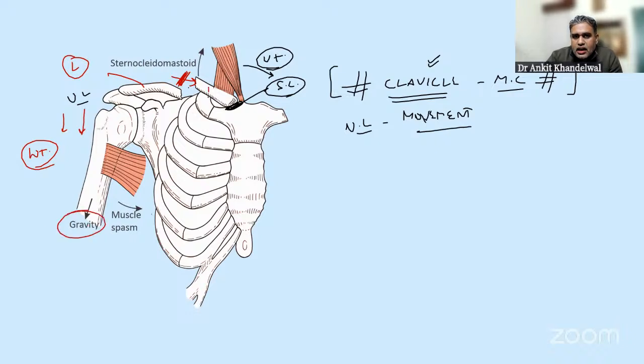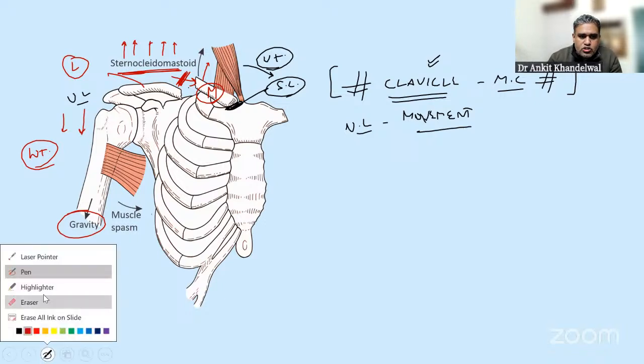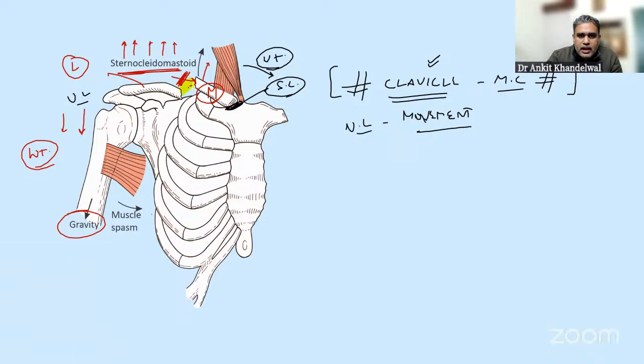Well, the medial part of the broken clavicle is raised above. Why? Because this muscle over here, sternocleidomastoid, which comes from the mastoid process, will go into spasm and pull it up. So there is more gap in between. If I try to show you the gap, there is more gap in between. Why? Because one part of the bone is going down, one part of the bone is going up.